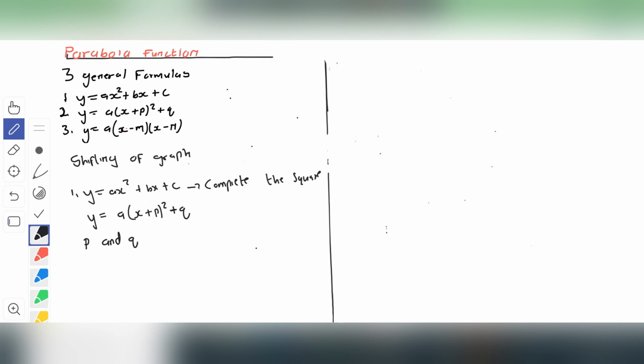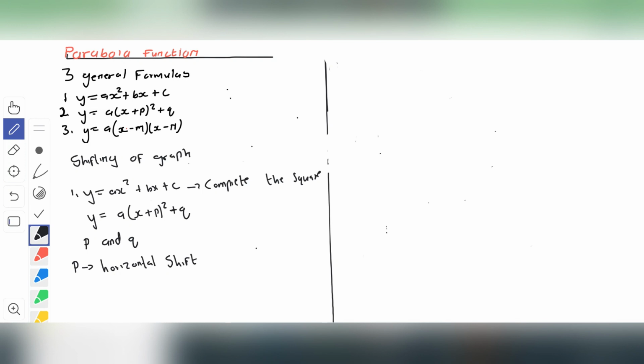How does P affect our graph? P represents the horizontal shift. That's the first thing that you need to know.